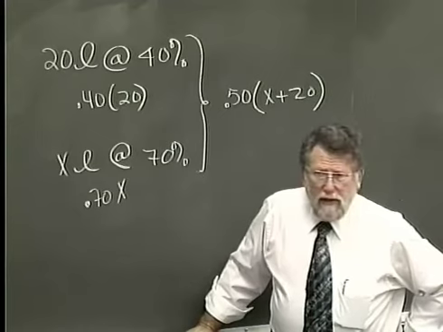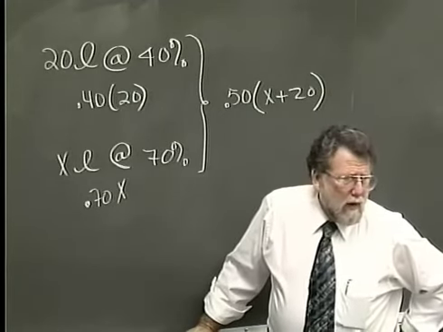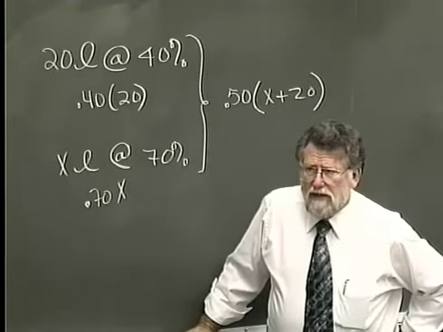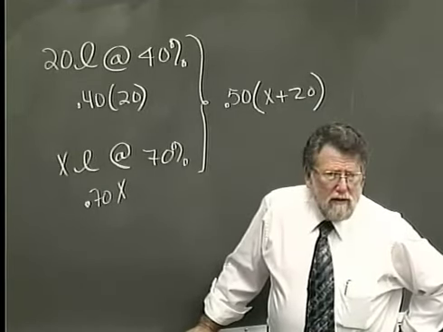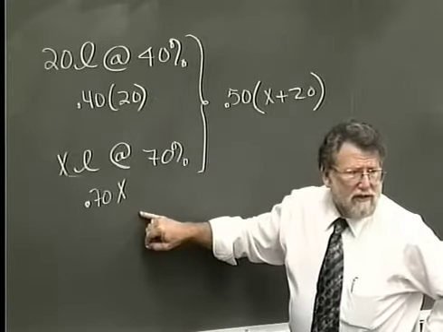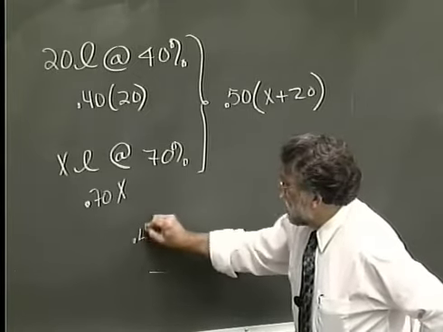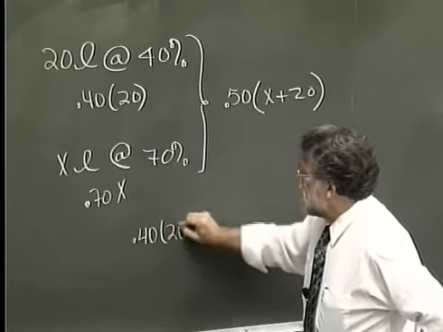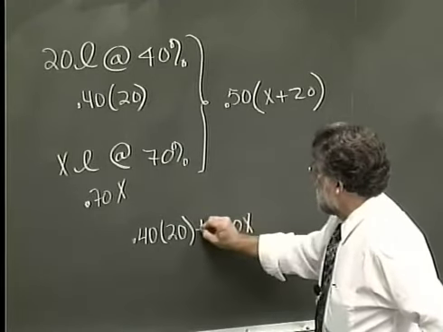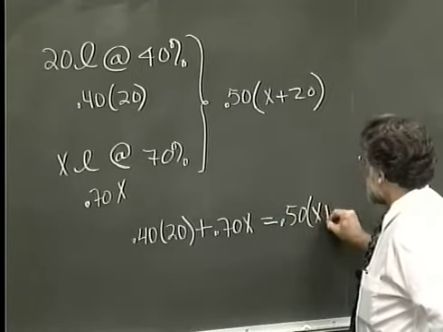The box isn't so important as it is to understand what you're setting equal. Now, the equation drops out of this quickly because the two amounts together are going to give you 0.40 times 20 plus 0.70 times x, and that must be what? Just your 0.50 times x plus 20.